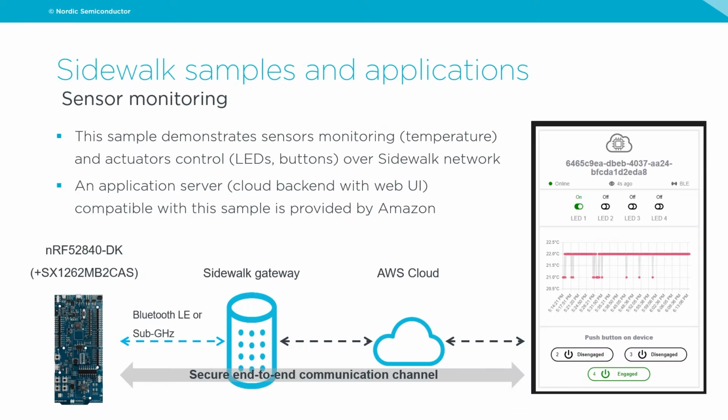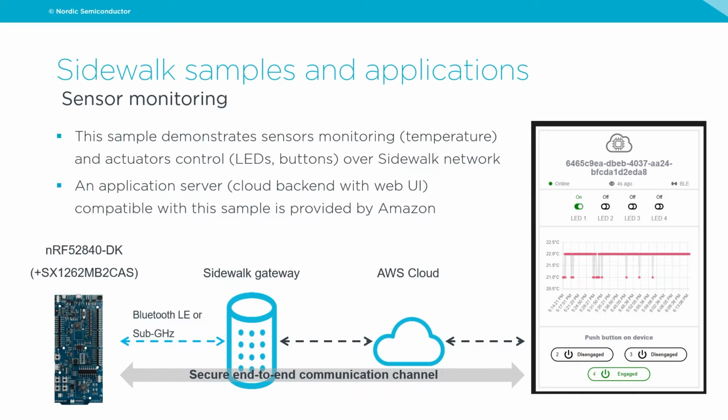Okay, and with that, I'm only going to talk about one more slide, the Sidewalk samples and applications. Here, the one I want to highlight is the sensor monitoring sample, which can be used via Bluetooth or sub-GHz, and is a sample application that can be used for a sensor application.